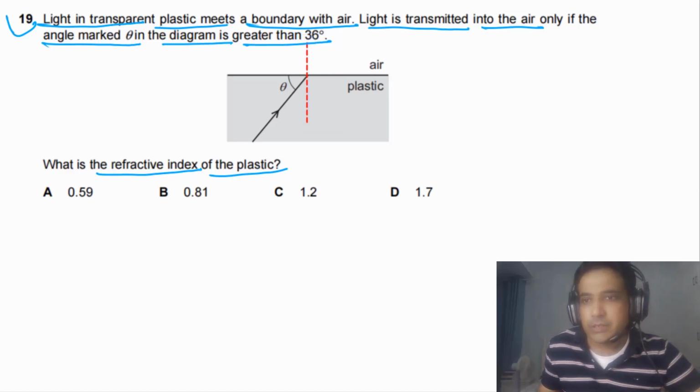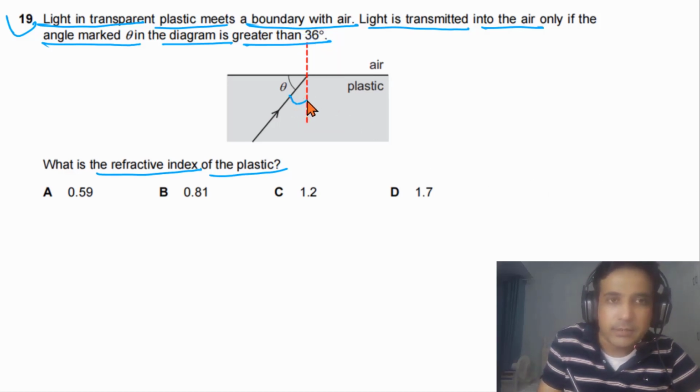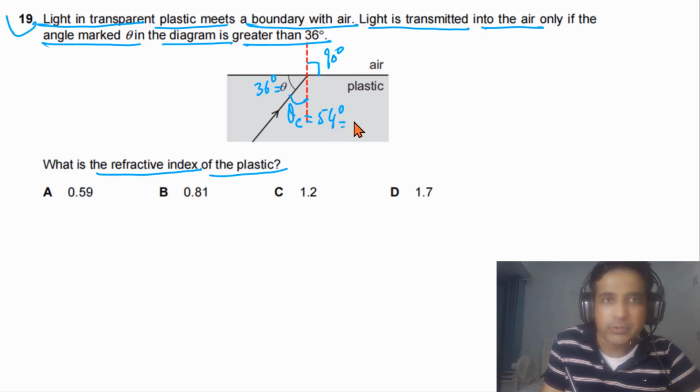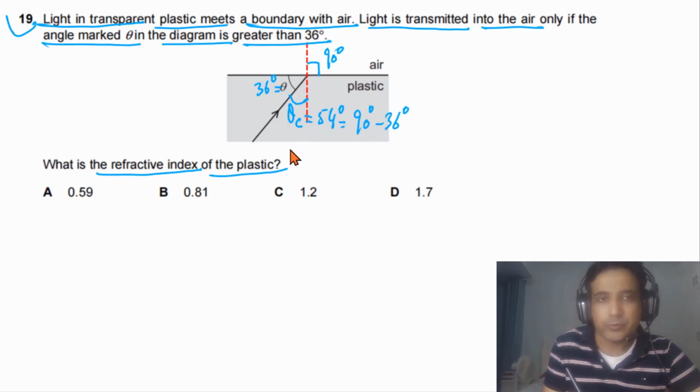In this case, this angle is the critical angle, so we can say this is theta C, because this angle is 90 degrees. Critical angle is the angle with the normal, and this angle is already given to us. This is equal to 36 degrees. So the critical angle has to be equal to 54 degrees, because 90 minus 36 is equal to 54.